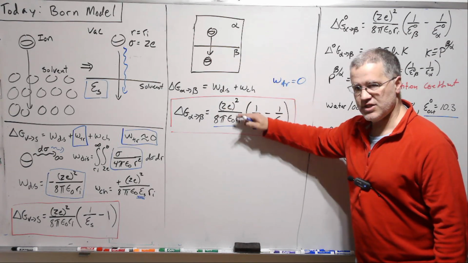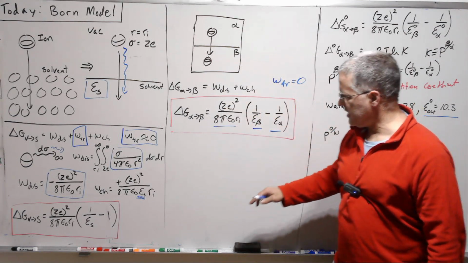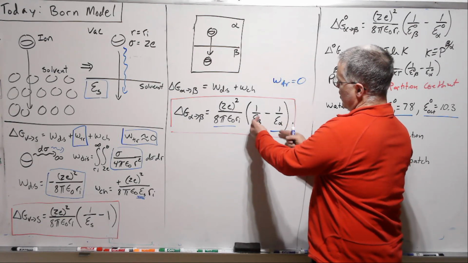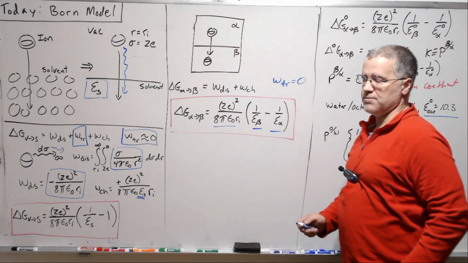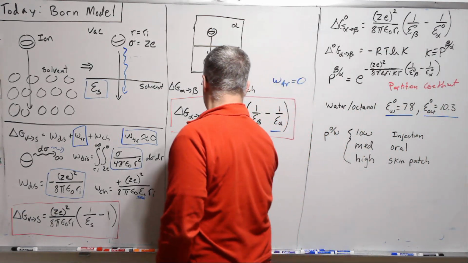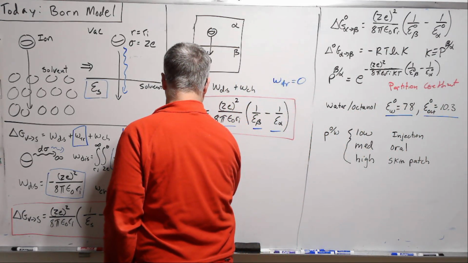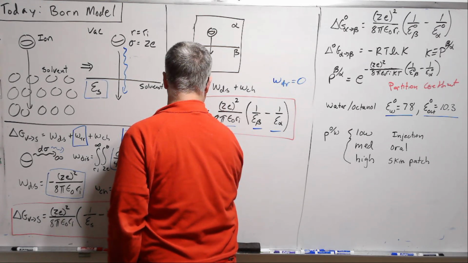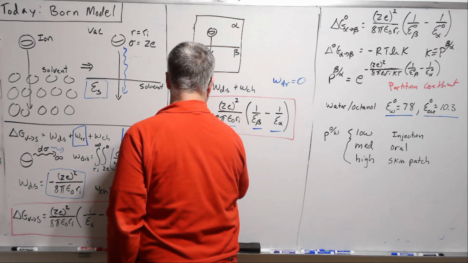this stuff out in front, just like we had before. But now in place of the 1, we've got the 2 different solvents here. So let's check this out. Let's take oil. Let's let alpha equal water.